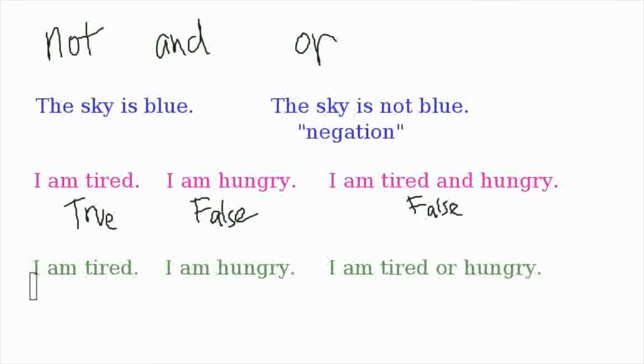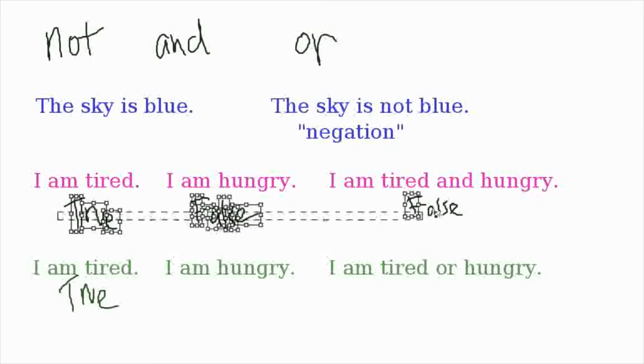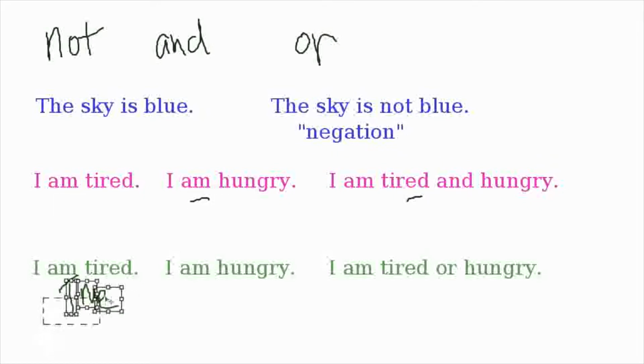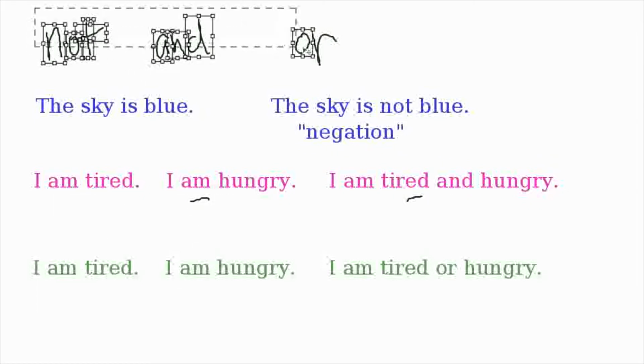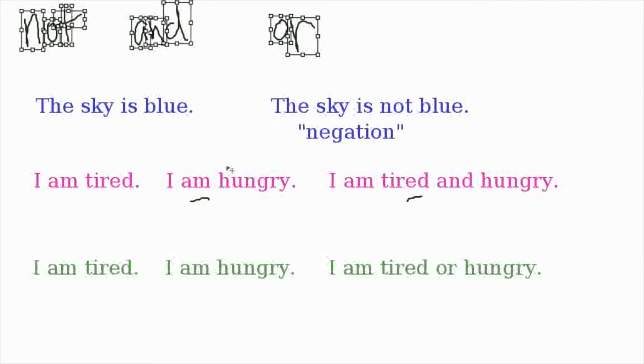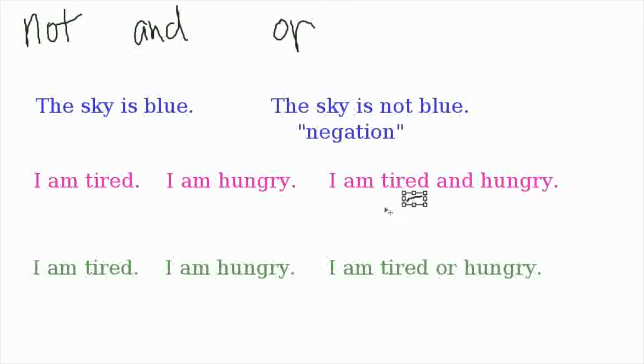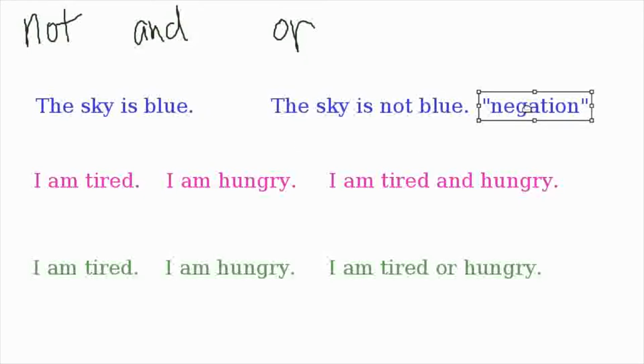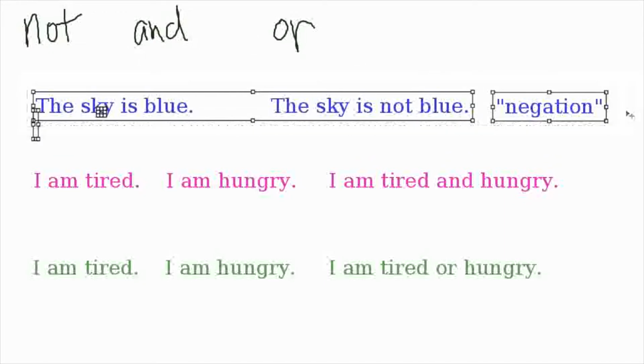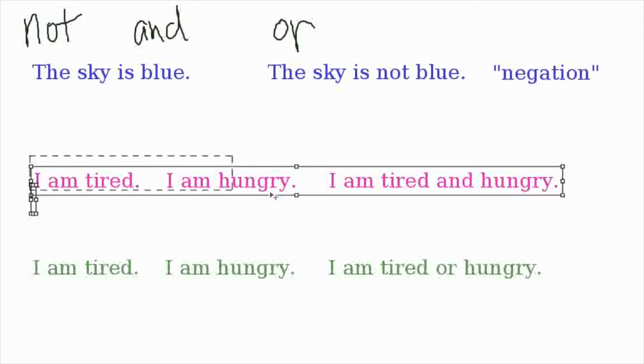So if I'm, let's say it's true that I'm tired, and let's say, you know what, actually, let me type all the combinations. That would be instructive. All right. So I want to do that for the not example, the negation, and I want to do that for all the ands, and I want to do that for all the possibilities with the or. Okay. So let me make some room here.